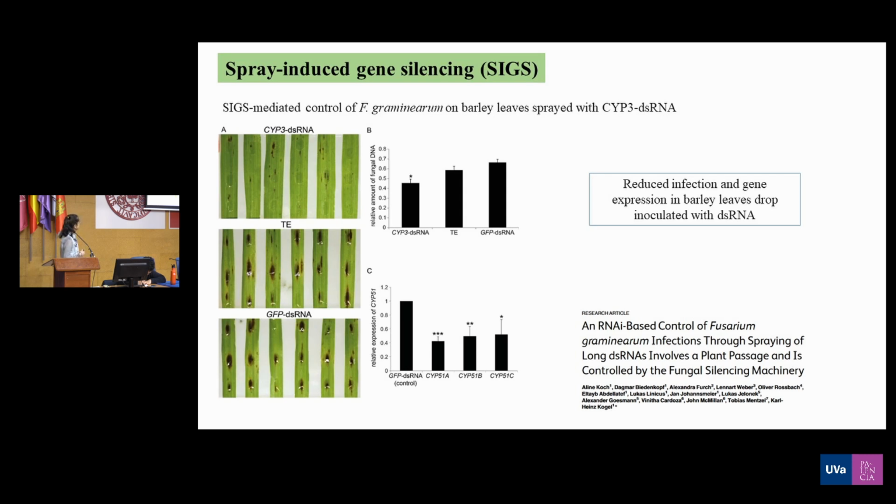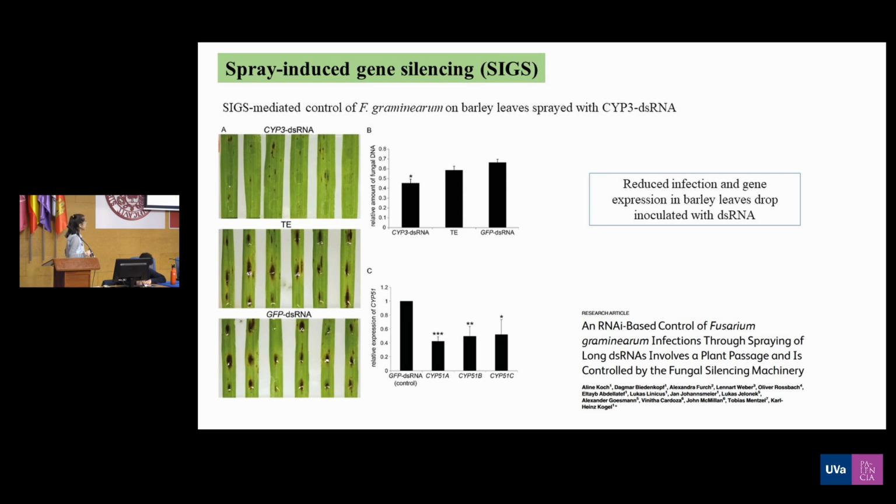Here you can see that in the treated plants you don't see many symptoms, while you see symptoms developing in the controls with the buffer and with a GFP double-stranded RNA that is not specific to the fungus, so it shouldn't affect the pathogen. So also, as we see in the picture, there is a reduction of the symptoms and also downregulation of the genes.